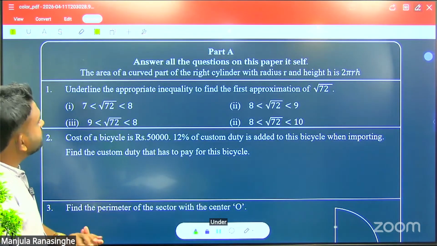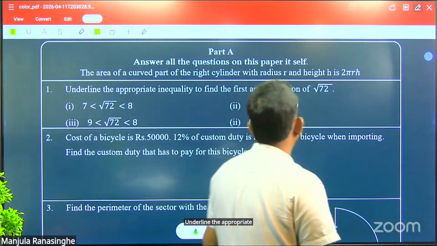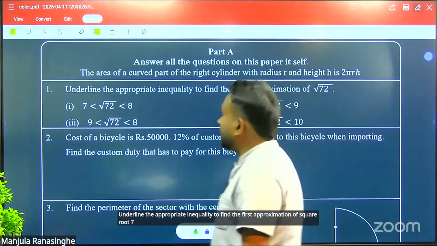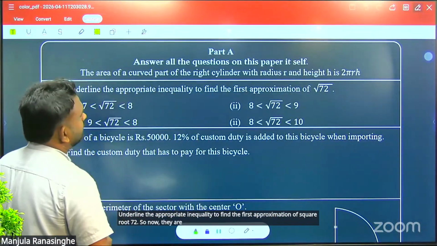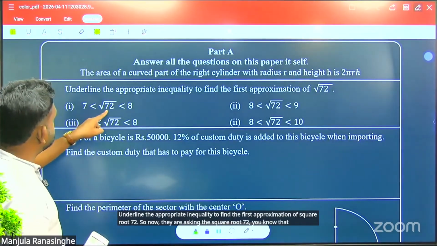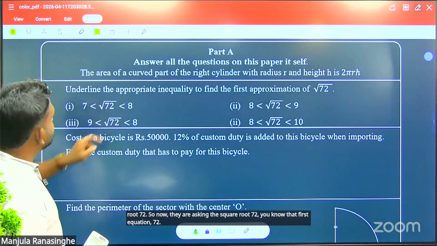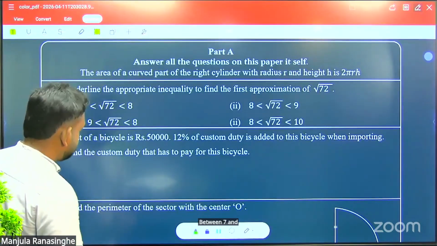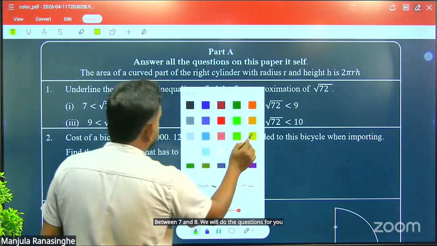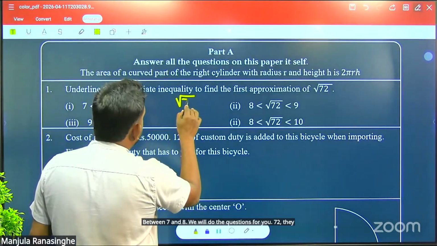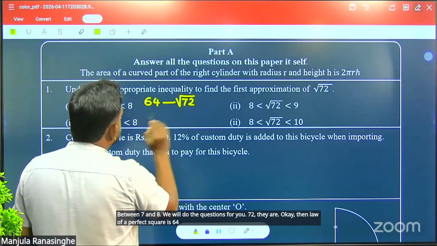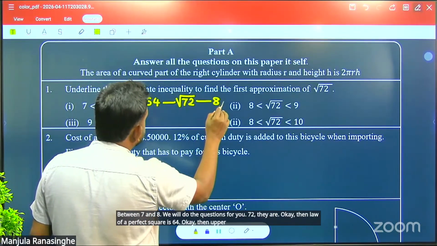Underline the appropriate inequality to find the first approximation of square root 72. You know that 72 lies between 64 and 81. The lower perfect square is 64 and the upper perfect square is 81.